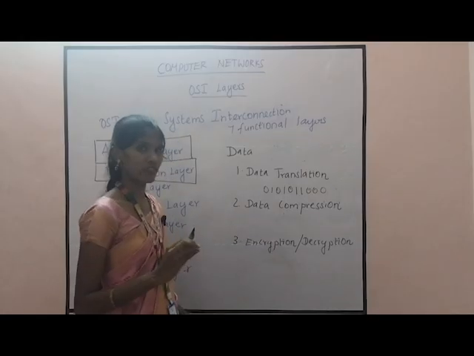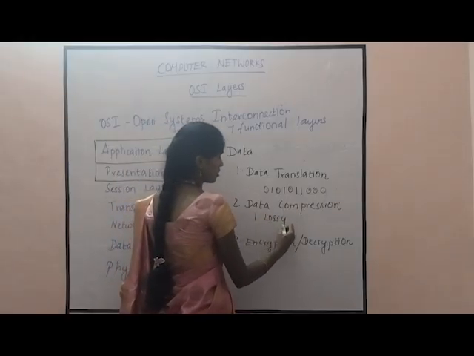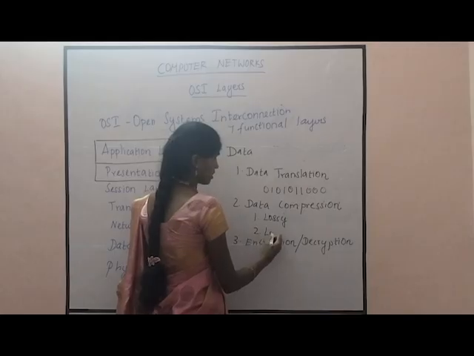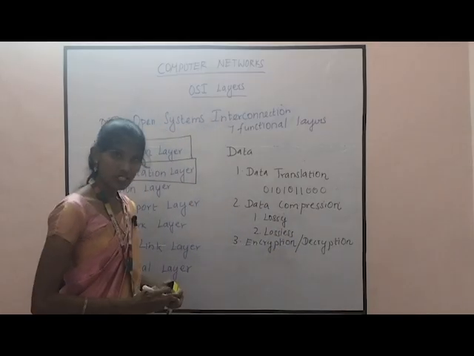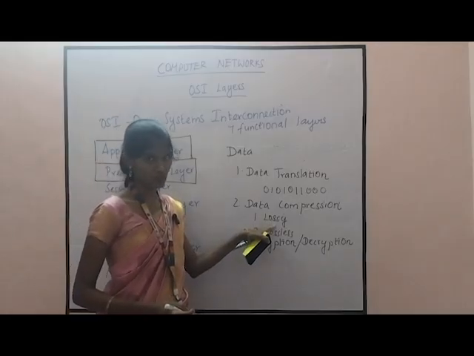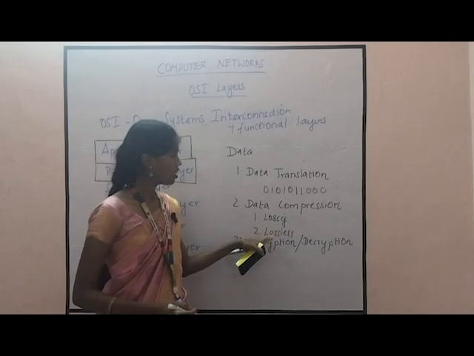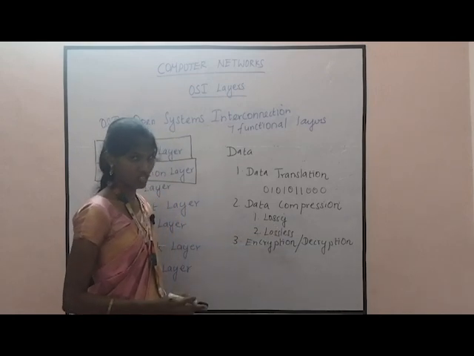We have two types of compression here. One is lossy, the next one is lossless. Lossy means some amount of data may be reduced or lost. Lossless means not much data will be lost.